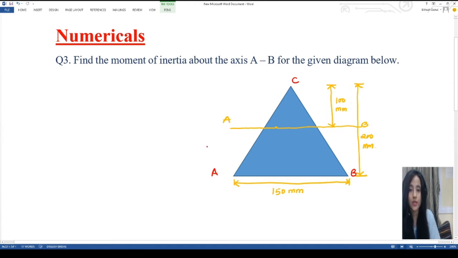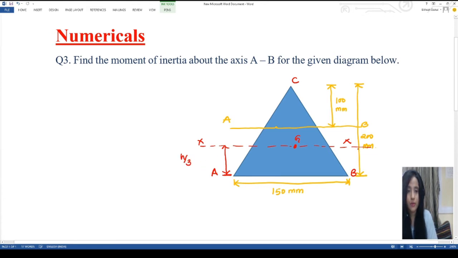For the triangle, the x-axis will run from here, and the centroid G will be here, at a distance of h by 3 from the base.